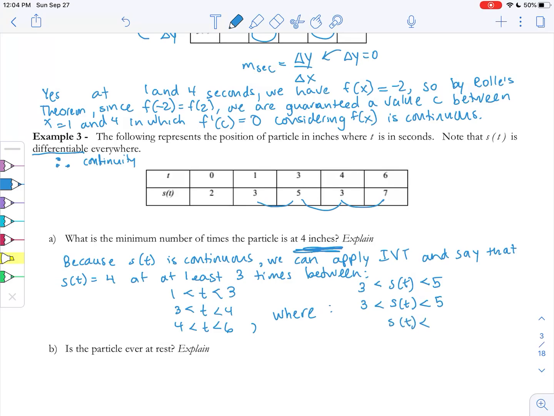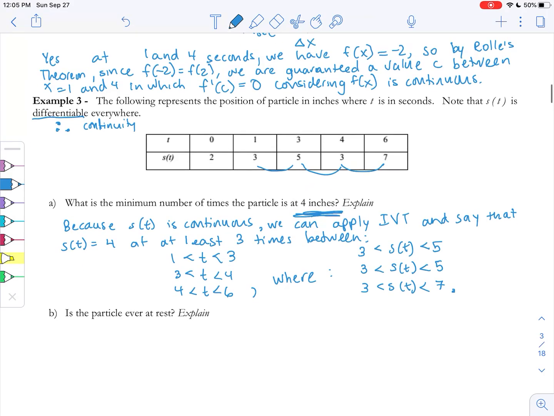And then s of t is between 7 and 3 on the interval of time between 4 and 6. So IVT, we mentioned it's continuous, we mentioned IVT, we mentioned the domain over which it occurs, and then the change that happens on the range.